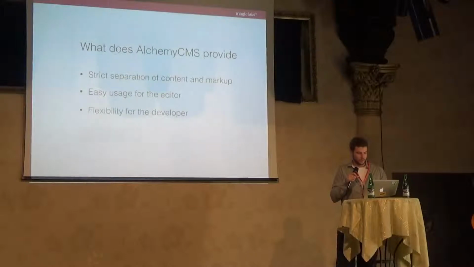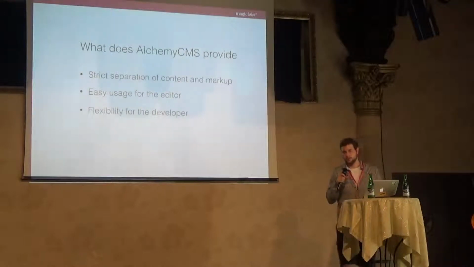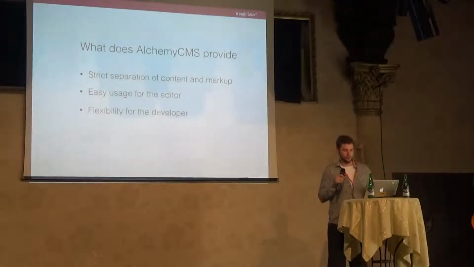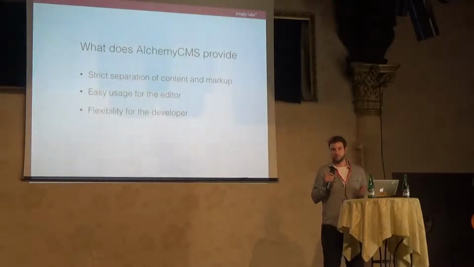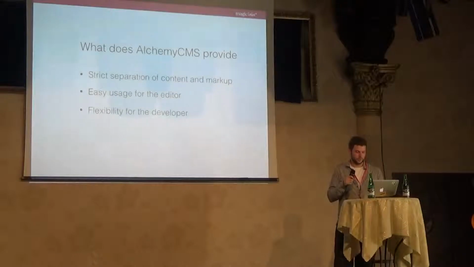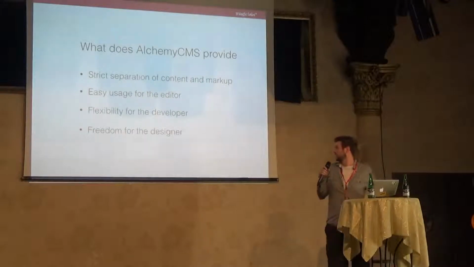Another thing is easy third-party integration for third-party software, or development of individual logic like modules around the CMS, which is also a benefit, of course, from Ruby on Rails. So it's very easy. My next point is freedom for the designer.